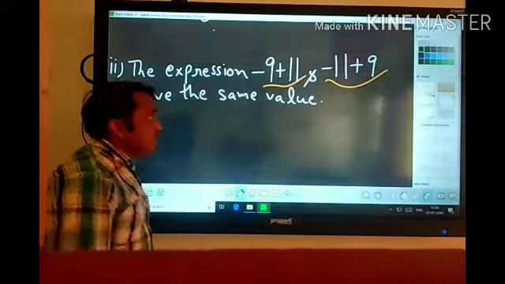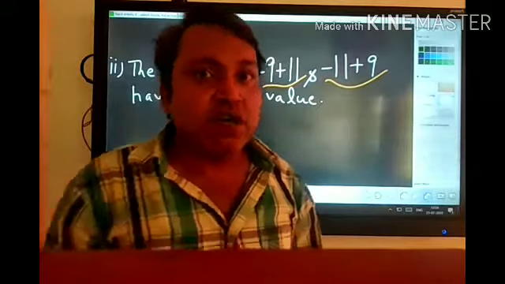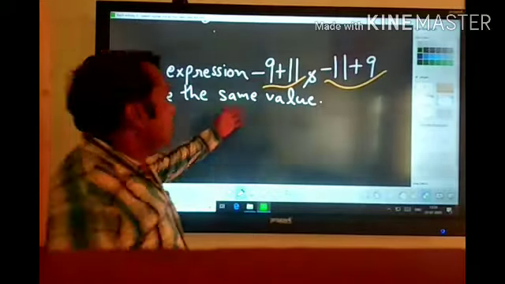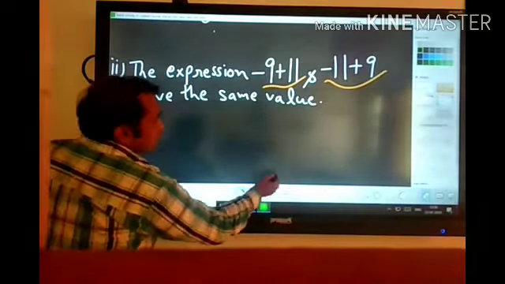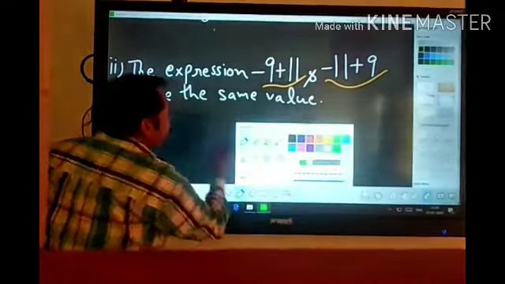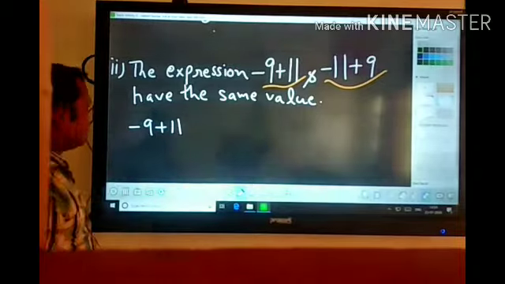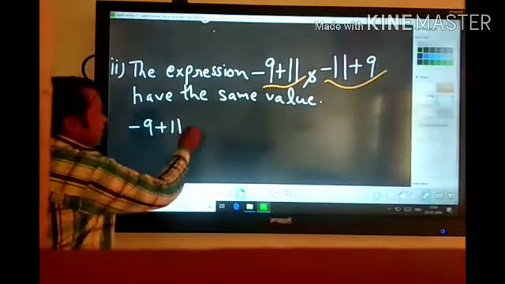We will apply the addition and subtraction rules for integers. So we first take minus 9 plus 11.